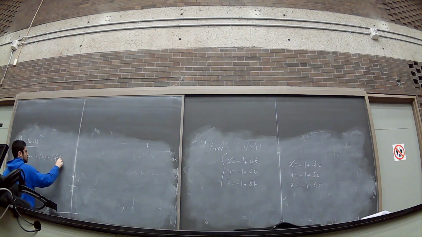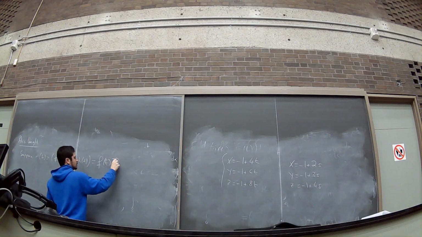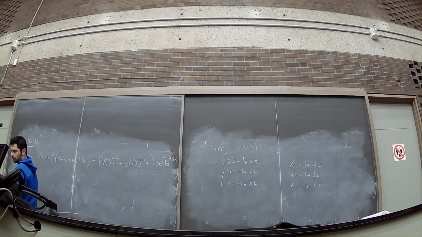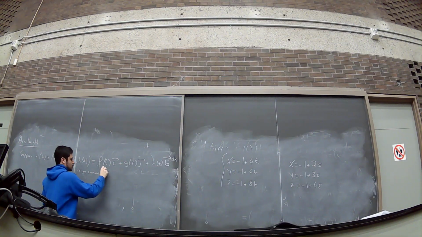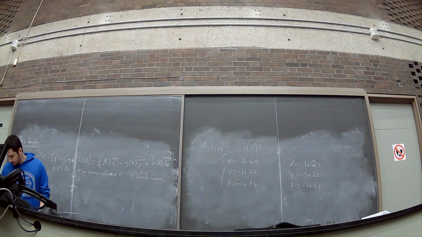Suppose our curve R prime is continuous. I don't know if you've used this notation before, but you can write it this way.